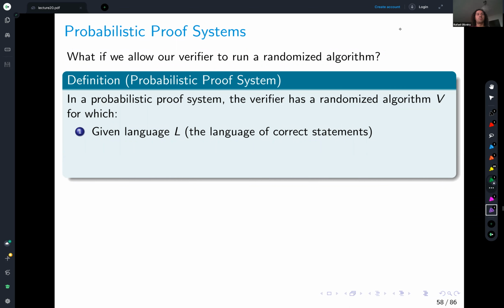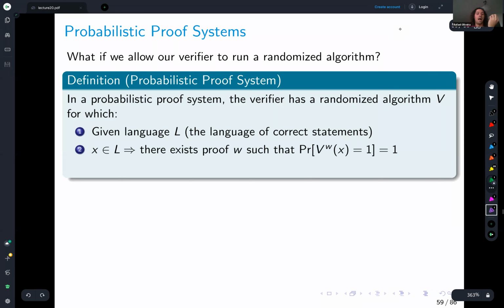So in a probabilistic proof system, the verifier now has a randomized algorithm V, for which, given the language L, which is the language of correct statements, if X is in the language, then there exists a proof. And here we're not talking about size yet. Just that there exists a proof such that V, the verifier, when it gets X as an input accepts.